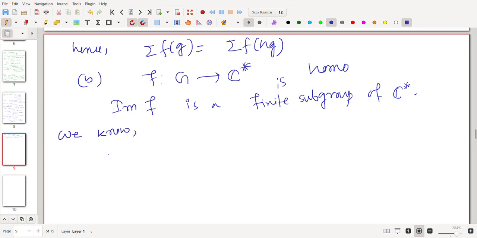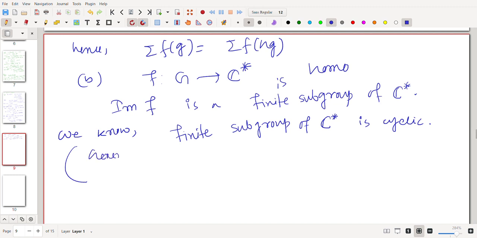Now we know a finite subgroup of C* is cyclic. General statement I just want to mention. I'm not going to prove it because that would require some argument, but it's an easy proof. You can try. Maybe I can make a different video particularly for this property.